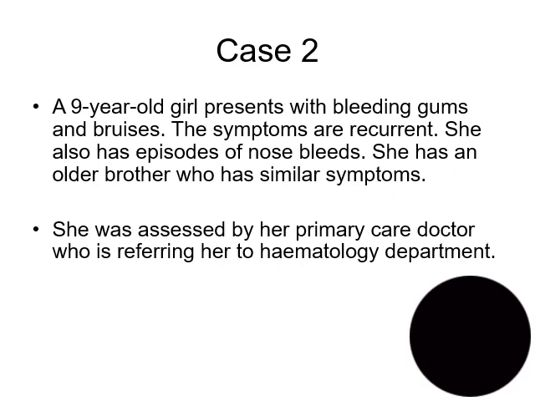Case number 2 is about a 9-year-old girl who presents with bleeding gums and bruises. So we agreed this is easy bruisability or recurrent bleeding gums, in addition to nasal bleeds also, and she also again has a family history of similar conditions.